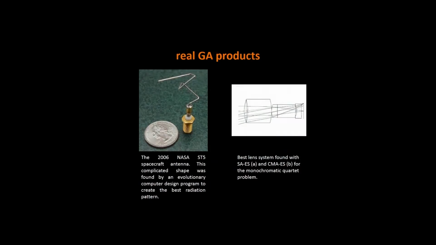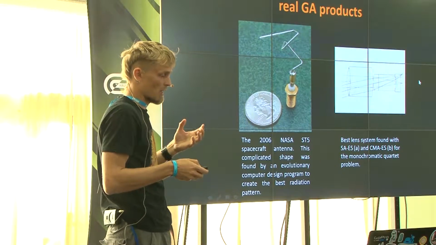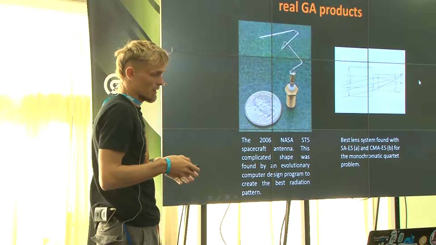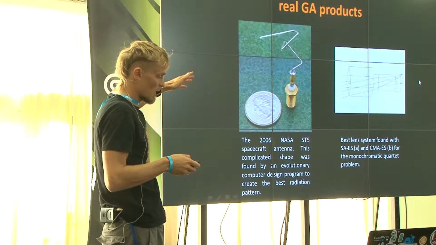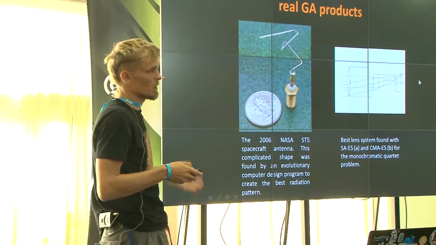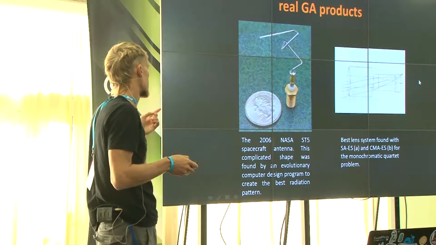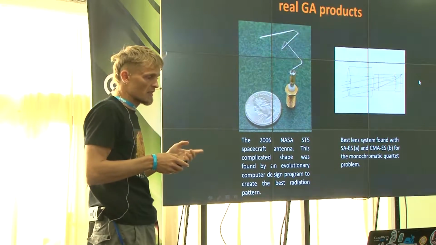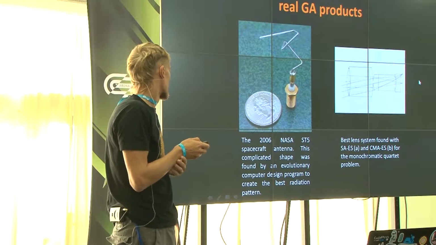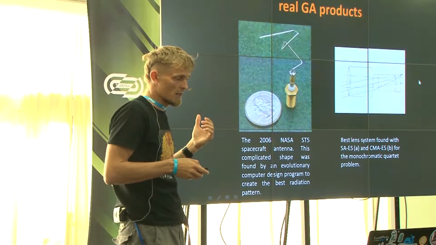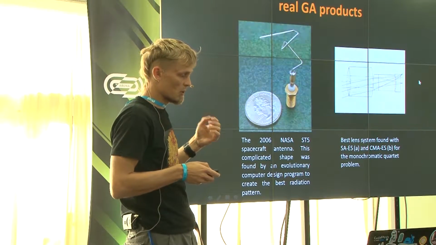So, if you're talking about real products, we have different types of real products. On the left, you can see, by the way, you may go to Wikipedia and type genetic algorithm, and you will see this picture. This is an antenna, and NASA in 2006 created this antenna using the genetic algorithm.